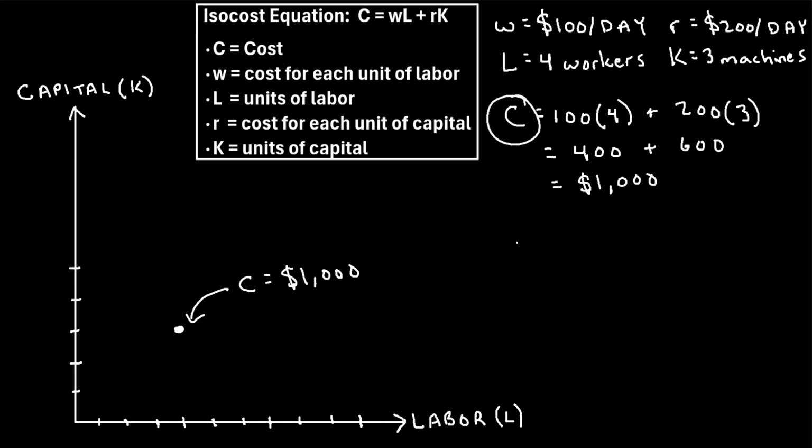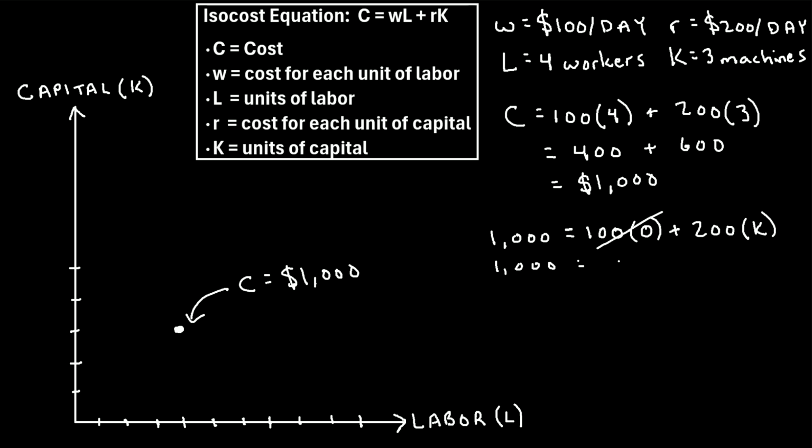So we'll say the cost, 1,000, is equal to, using this equation again, W, that's $100 per day, times L. Remember we set L equal to 0, and we're going to figure out what our K value is. So times 0 plus R times K, so R is 200 times K. So we get 1,000 is equal to 200K, since the first term is 0.